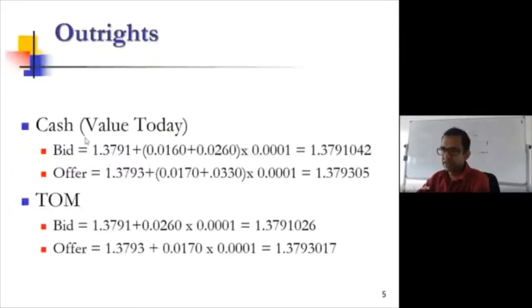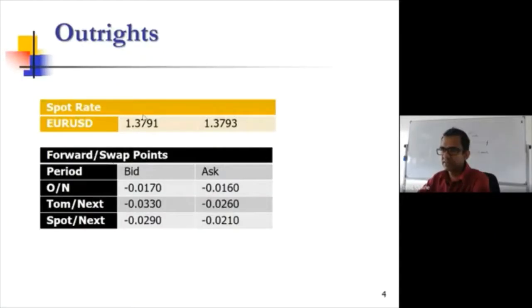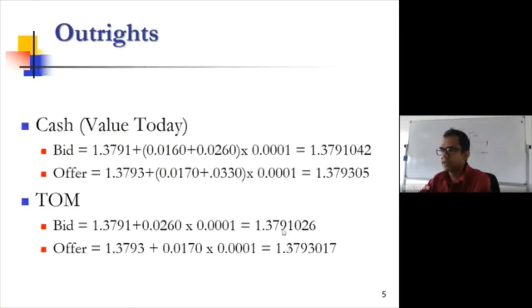So this 3191 is the bid side of the spot rate. Then overnight and Tom next swap points are 0.0160 and 0.0260, but these are points. We have to make it decimal and change the sign. So 0.0160 plus 0.0260, we add them together and divide by 10,000.